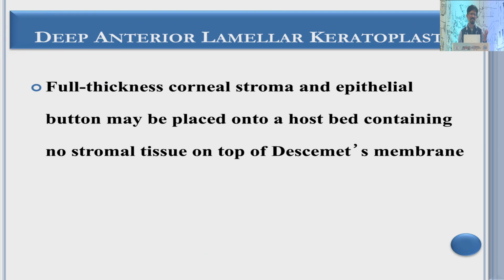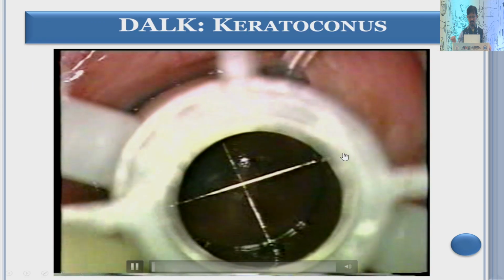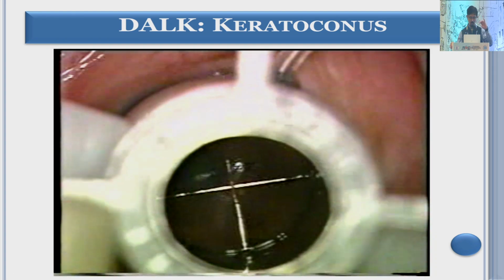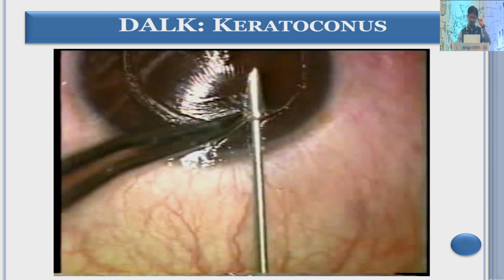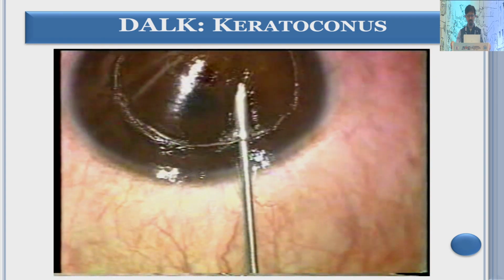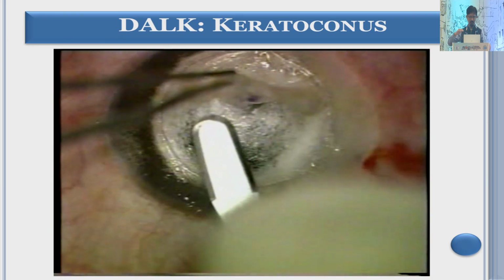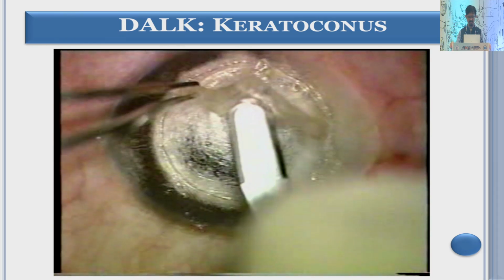Now, if the opacity is involving the whole of stroma, something like a corneal macular dystrophy, which is involving total stroma, or a keratoconus, in such a case, you do a deep anterior laminar keratoplasty. So for a deep anterior laminar keratoplasty, first we do manual trephination to a partial thickness depth, then we inject air through a needle in the predescemetic space.